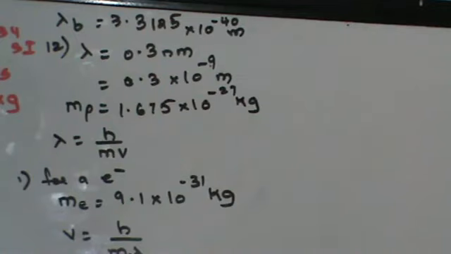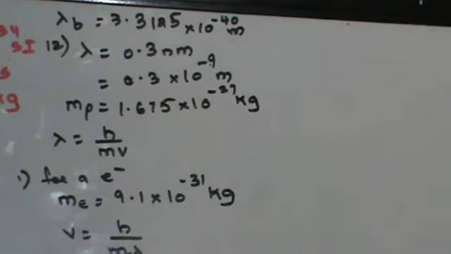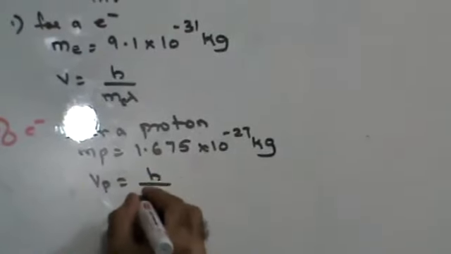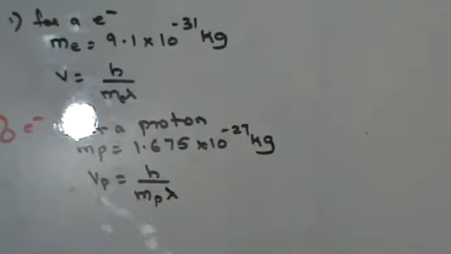Next, second part of the question, that it is a proton. For a proton, the mass of the proton is given to you as 1.675 into 10 raised to minus 27 kgs, right? So velocity of the proton will be h upon mass of proton into lambda.